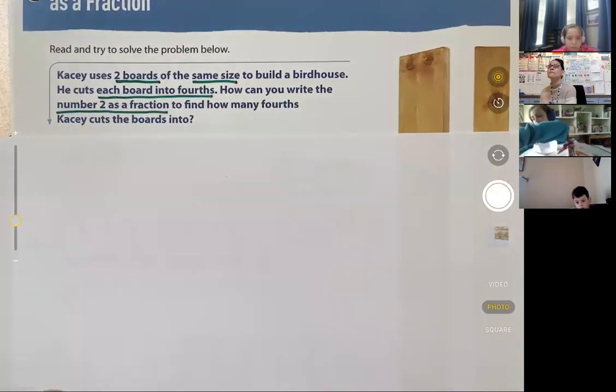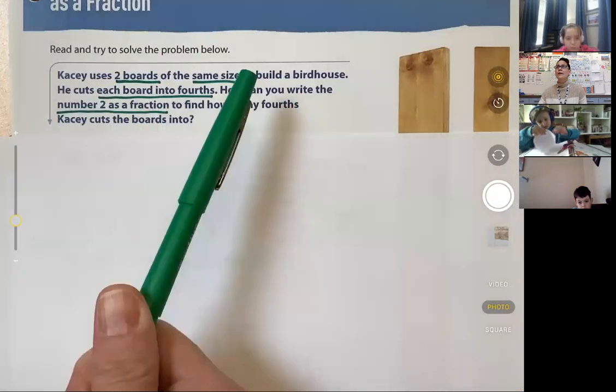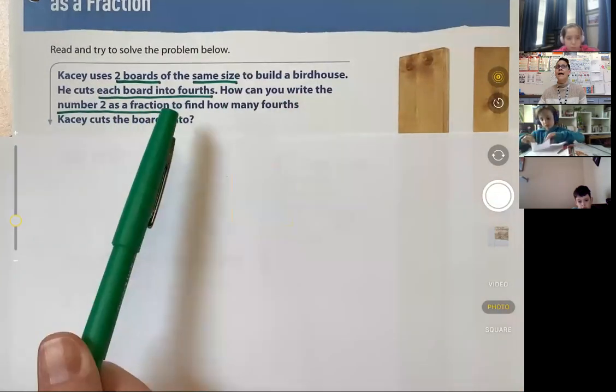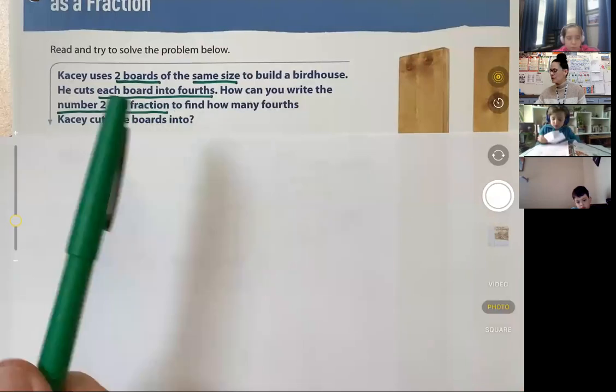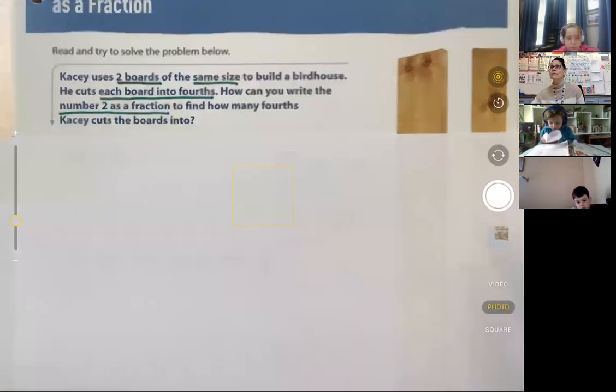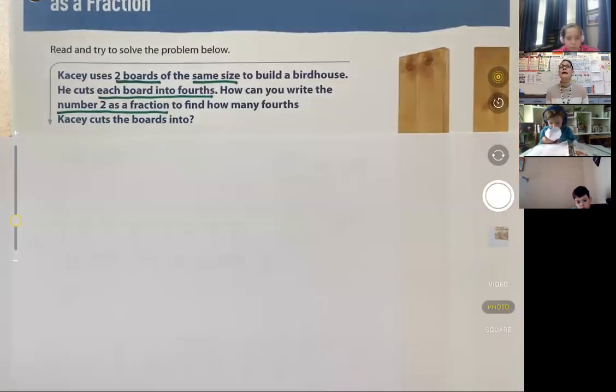That is my goal. I have two boards that are the same size that are cut into fourths. I need to write the number 2 that represents these two boards as a fraction. There are a number of ways that we can approach this, friends.